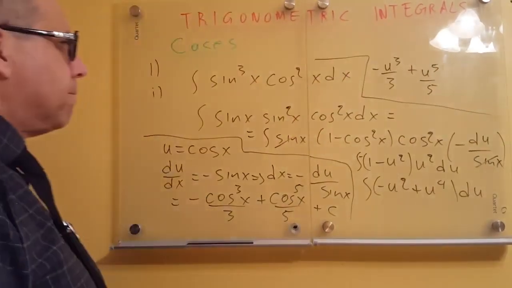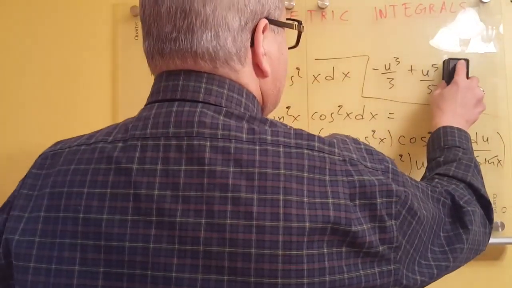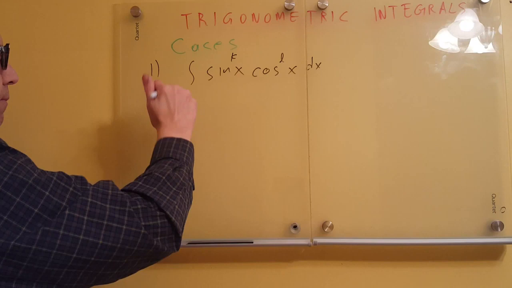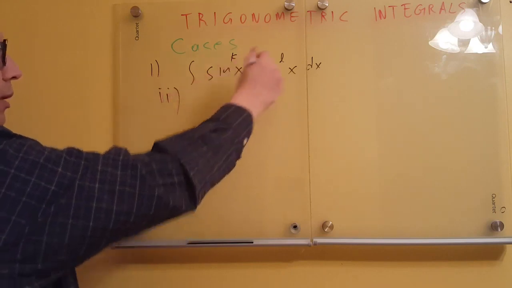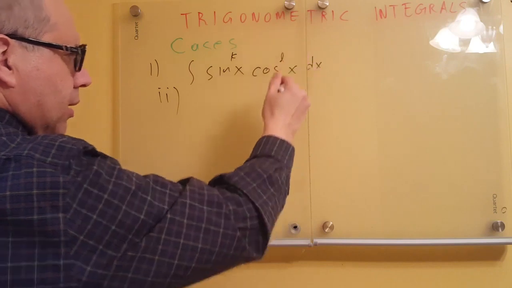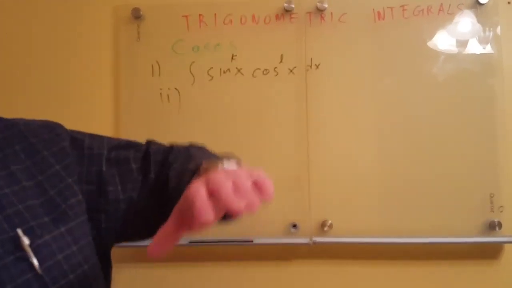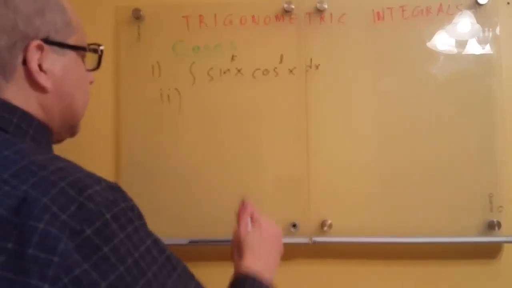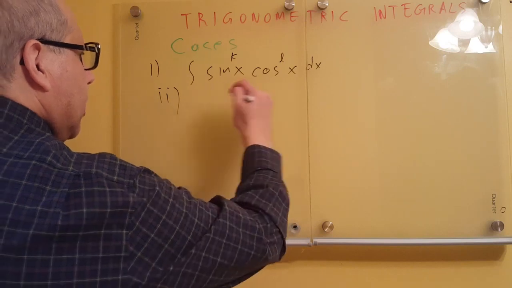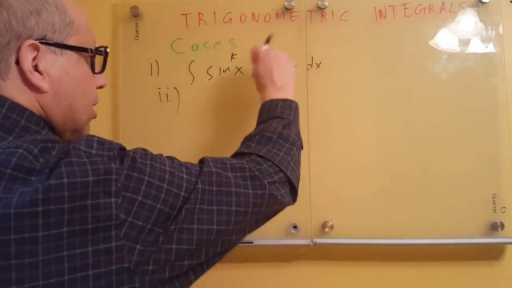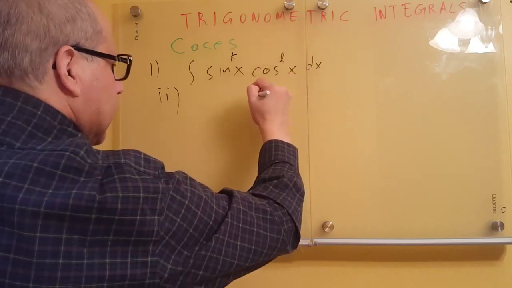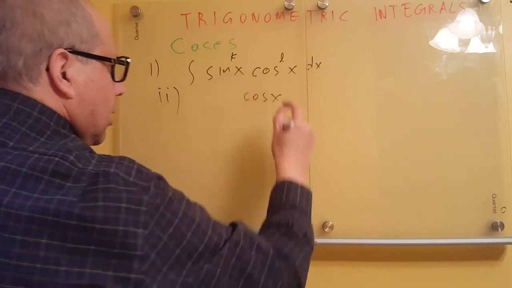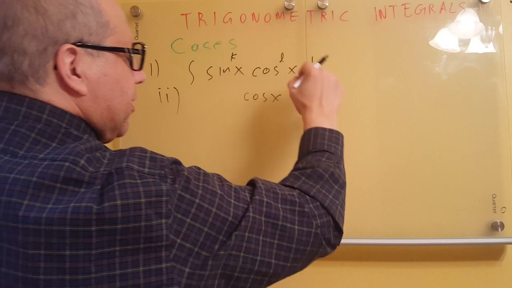So now, let's continue. The second, let's say, subcase of this will be when the power of cos, the L, is odd. So we do exactly the same, with the only difference that here, when you split this, we said this L here is odd, so that means that you keep a power of cos, and then the rest will be cos to some even power.